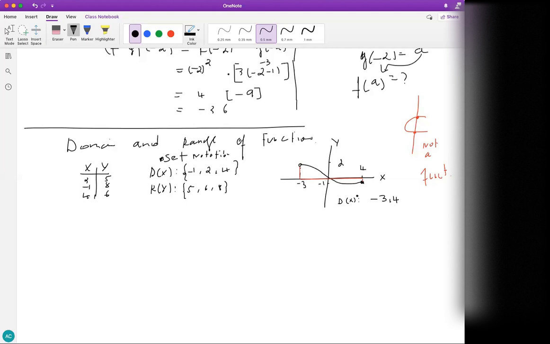But if we have too many to list, which we can't write in one set, instead we use interval notation. We only need the range, from the lowest to the highest value. In this case, the lowest one is -3, the highest one is 4. So this is what we call interval notation.